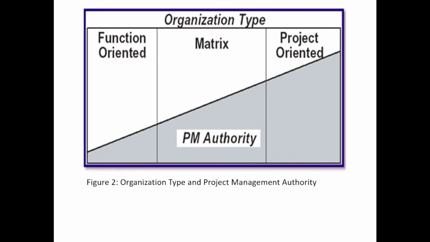But if you find yourself in a matrix organization, the functional managers are here and you are here, so you have equal power to the upper managers. But if you find yourself in a project-oriented organization, you are the one in charge. So they all look forward to you. You must understand the structure and the power that is assigned to you as a project manager. Why? You need to know the level so that you understand the environment.